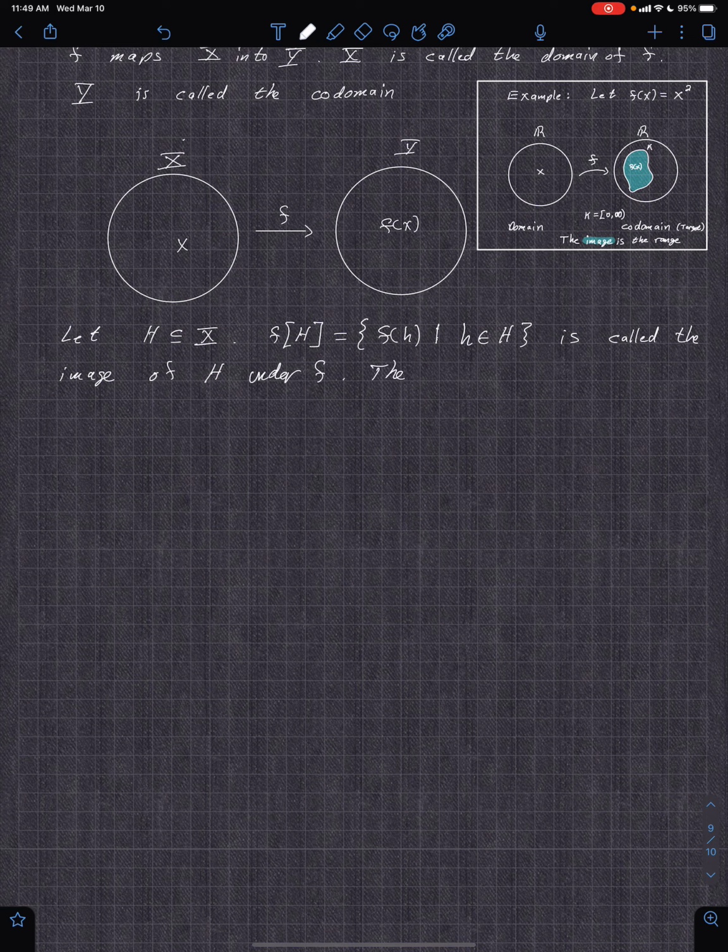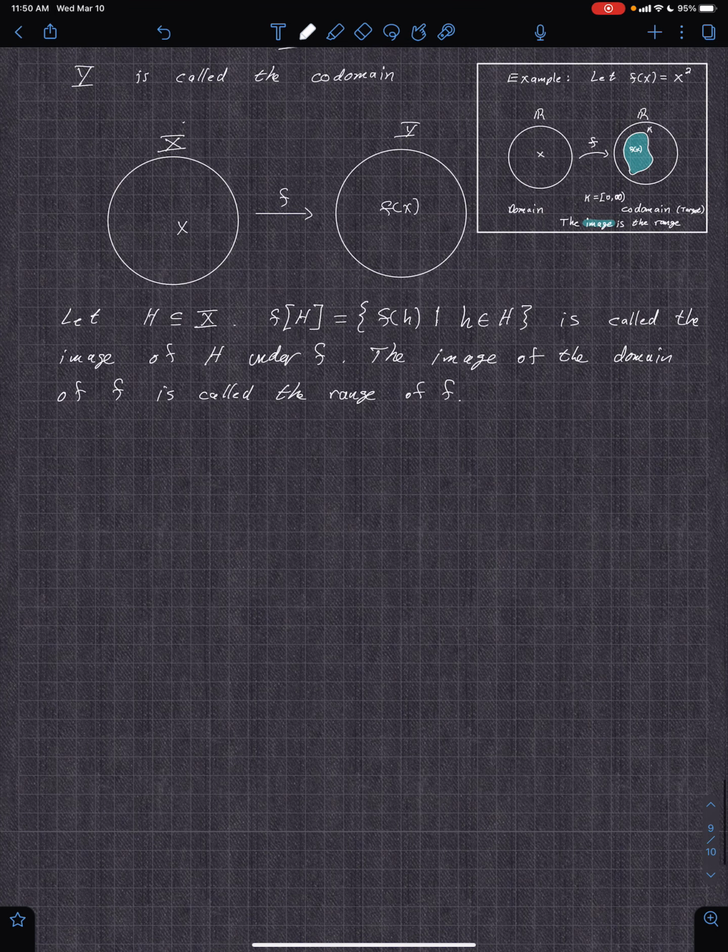Okay, so then the image of the domain of F is called the range, just like we would think of F. Then let's look at this. Let K be a subset of the codomain.